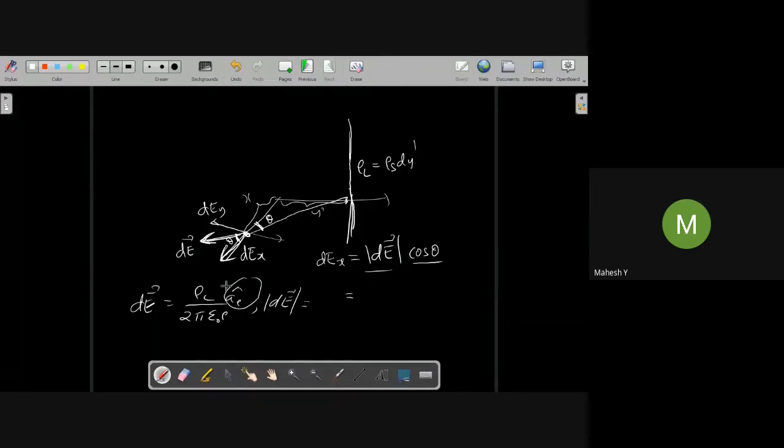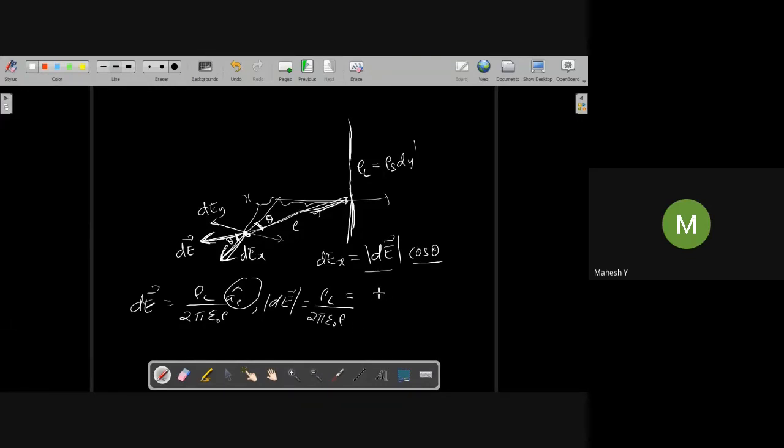There won't be a rho cap, only this component, that is rho L divided by 2 pi epsilon 0 rho. This length is rho.